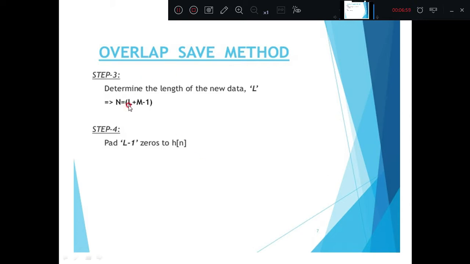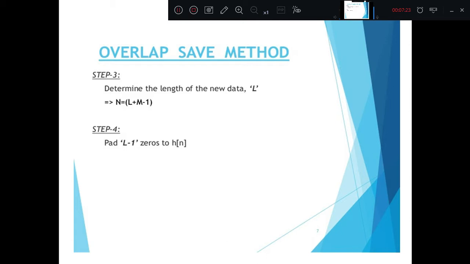M is the number of samples in the impulse response h of n, that is, the length of h of n, and using this relation you can calculate L. So L is equal to what? N minus M plus 1. Please remember, L is equal to N minus M plus 1, and this L is the number of samples in each block.